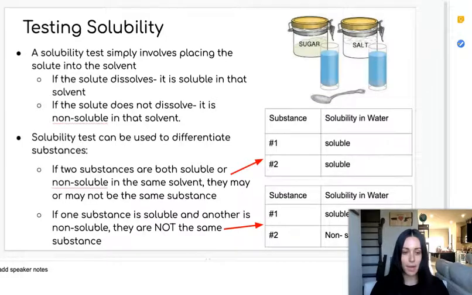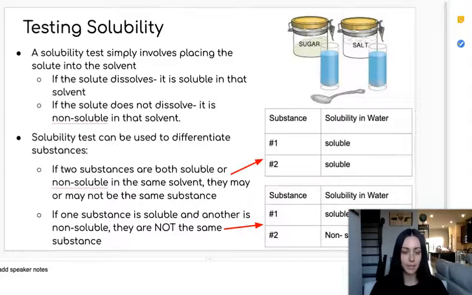Now, let's talk about how this can be applied to identifying or differentiating substances. The results of a solubility test have the potential to give us some very good information about the identity of two substances. Now, if we perform a solubility test and find that both of the substances are either soluble or non-soluble, meaning they both have the same solubility, like in this top table, we're not able to draw a definite conclusion.